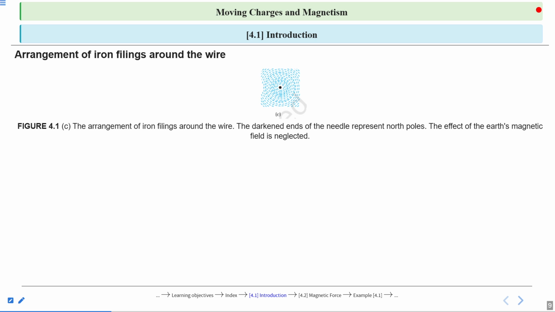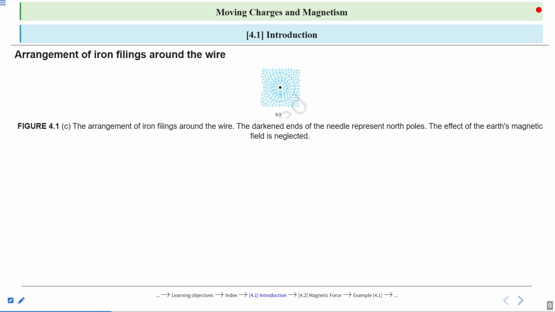So in the arrangement of iron filings around the wire, the darkened ends of the needle represent the north poles. That thing I have mentioned, that the shaded part is north pole and the white part is south pole. The effect of Earth's magnetic field is neglected, because the Earth's magnetic field is very weak away from the poles, so it can be neglected.